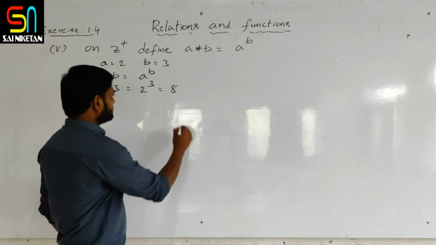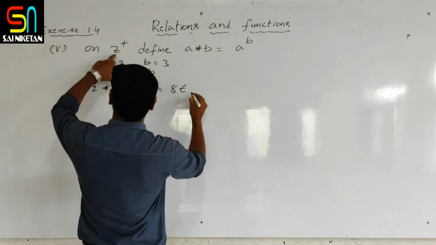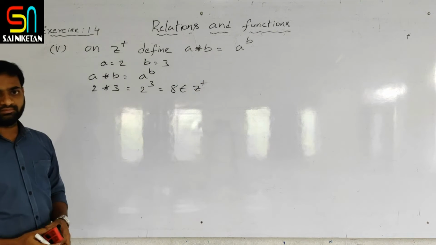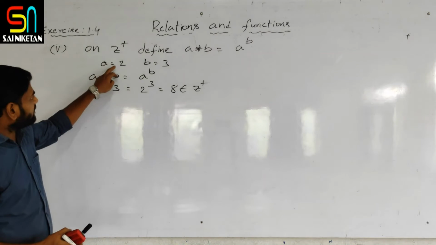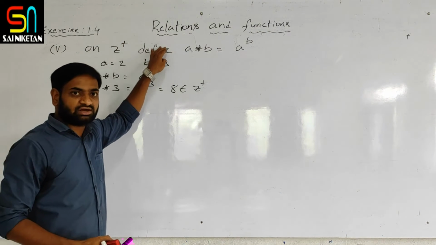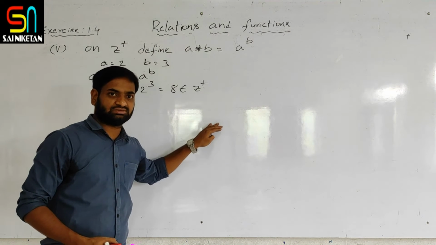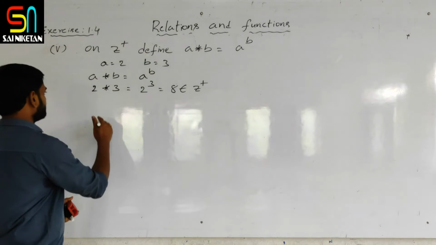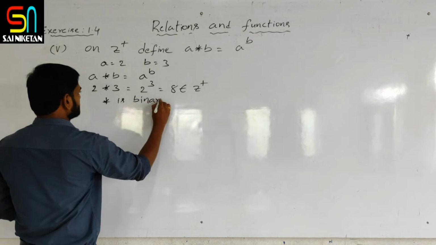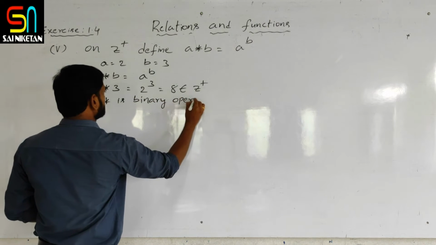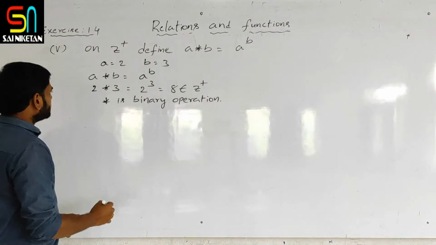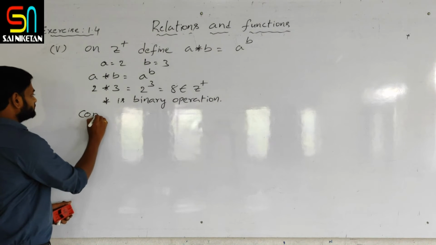Now this 8 belongs to the same set Z plus. Now I am taking the values A value, B value from the Z plus, and the result also belongs to the Z plus. Then we can say star is binary operation. Now, what about the commutative?